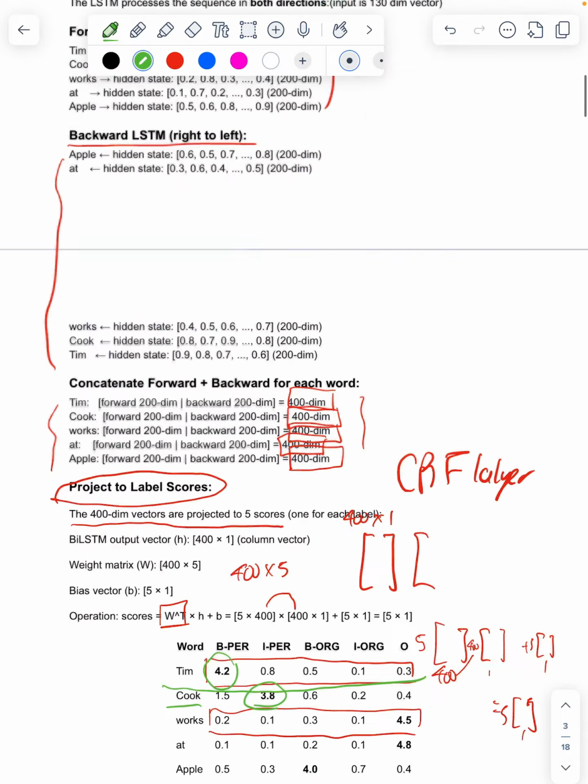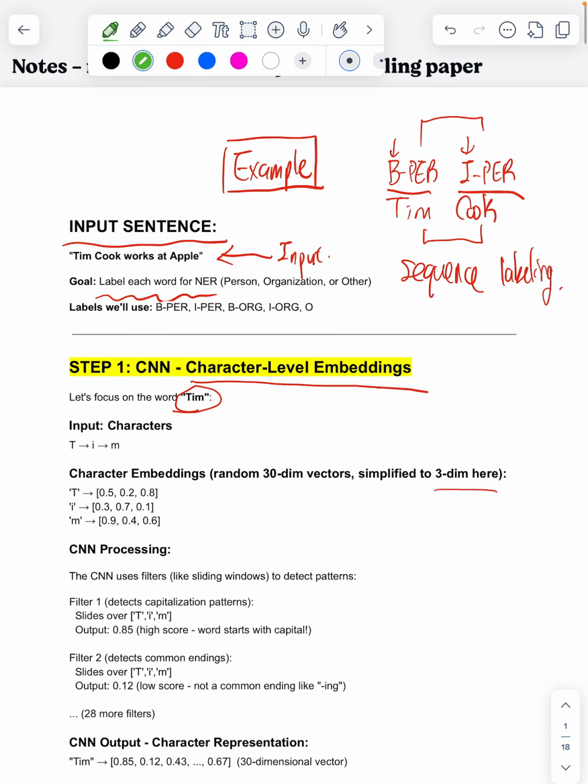Now if we go to my notes, just to give a little bit of background on what sequence labeling is, an example would be a sentence: Tim Cook works at Apple. This would be the input. The labels we have would be B-PER, I-PER, B-ORG, I-ORG, and O, where O is for other. The goal of sequence labeling is to label each word.